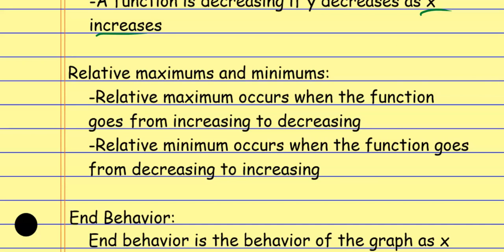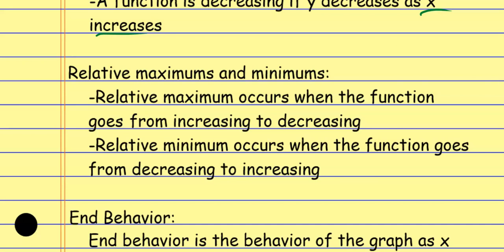And same thing with a relative minimum, okay? If I went and stood in a room with NBA players, I would look incredibly short because I would by far be the shortest person in there. I would be the relative minimum in that scenario, okay?